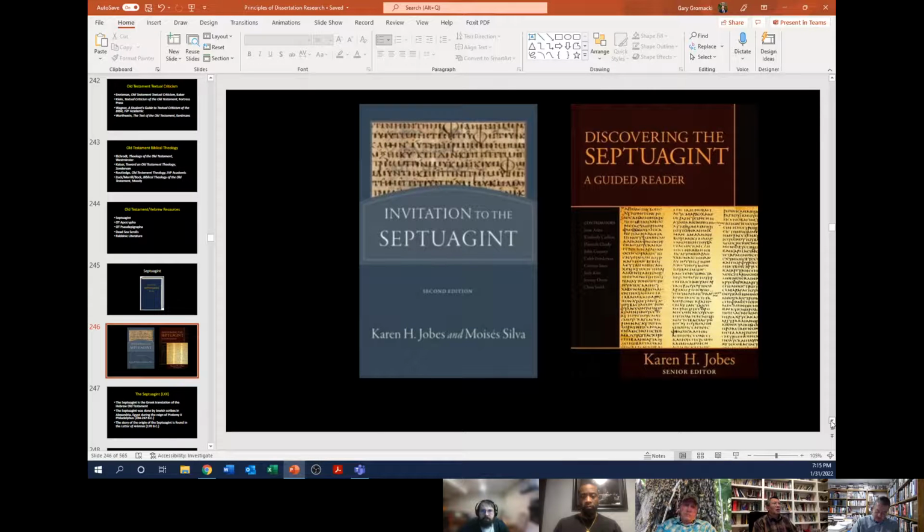We said New Testament authors quoted the Septuagint. Septuagint scholars, current studies in linguistic research. So this is the book that you'd want to get.